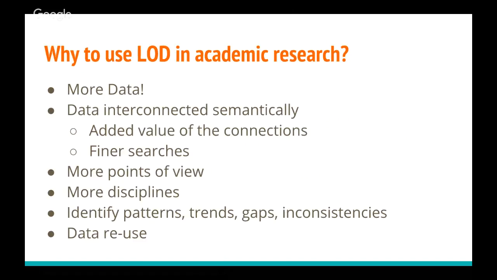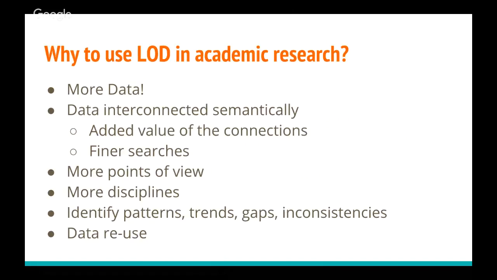If we can connect our data set to data sets that have been produced by other research groups, other institutions, that means that we have more, which is already great. But it's not just the sheer quantity that should be the only added value.